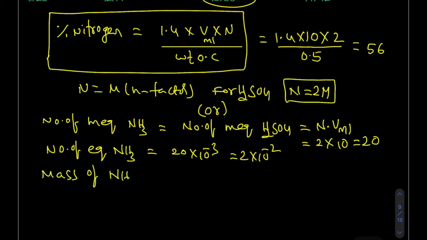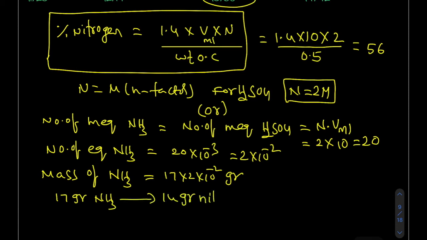From here we are calculating the mass of ammonia. Do you know one equivalent of ammonia has a mass of 17? One equivalent of ammonia is 17 grams. Now this much is 17 into 2 into 10 raised to minus 2 grams. Now this much ammonia contains how much nitrogen? 17 grams of ammonia has 14 grams of nitrogen. This is a unitary method.